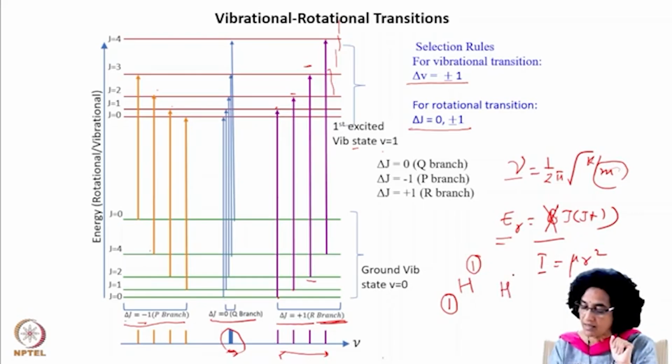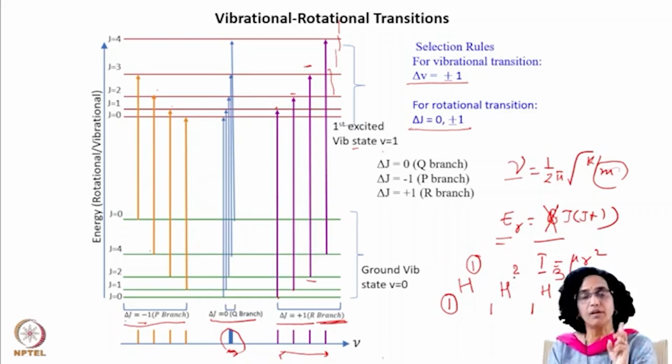But hydrogen has other isotopes. This is called deuterium, this is called tritium, and the difference is that this hydrogen has one proton and one neutron in its nucleus. This one has two neutrons and one proton. So the proton number doesn't change, but the neutron number is changing.